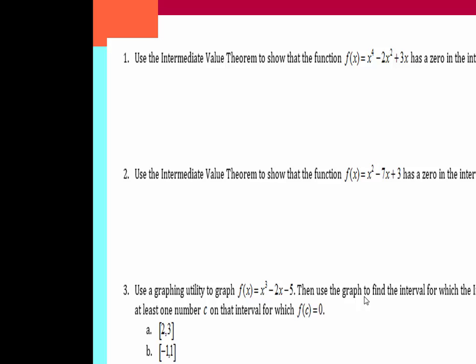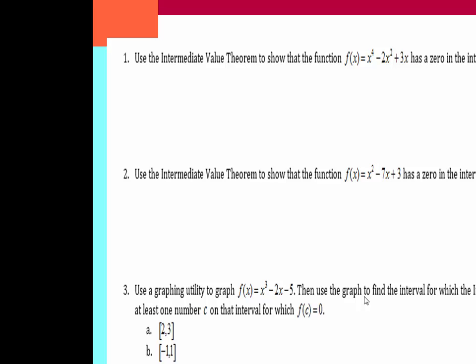That is 16 minus 8, which is 8, minus 6, which is +2. So since f of -1 is -4, and f of -2 is +2, it must cross through the x-axis because there must be a y value of 0 between the x values of -1 and -2. That's what the intermediate value theorem says.